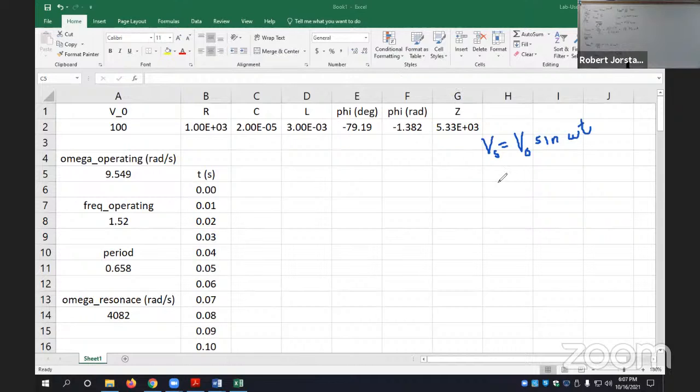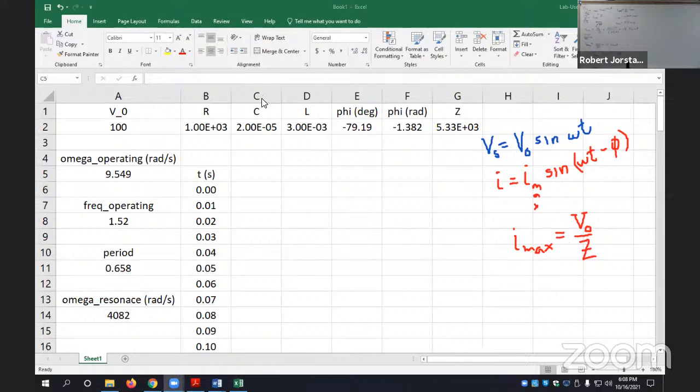And I know my current is I max, the amplitude, sine of omega t minus phi. Oh, and remember we found I max already, didn't we? I max was equal to V naught over Z, which I think we have all that information.